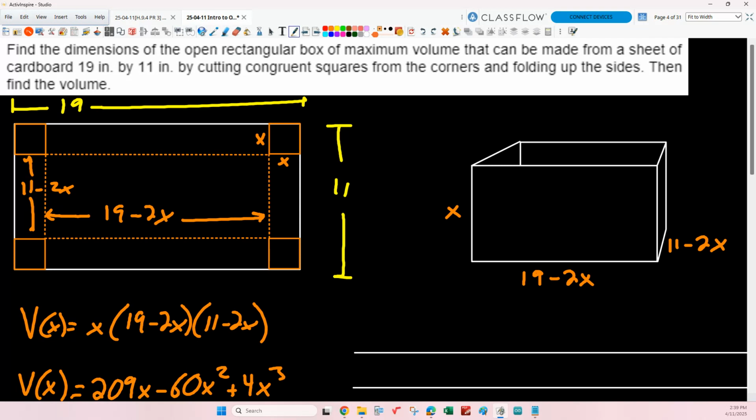What's going to be the constraint here, though? I can only squeeze these dimensions down to 0, right? When would I run out of room to squeeze this box from front to back? What value of x would...? I mean, the width here is 11 minus 2x.